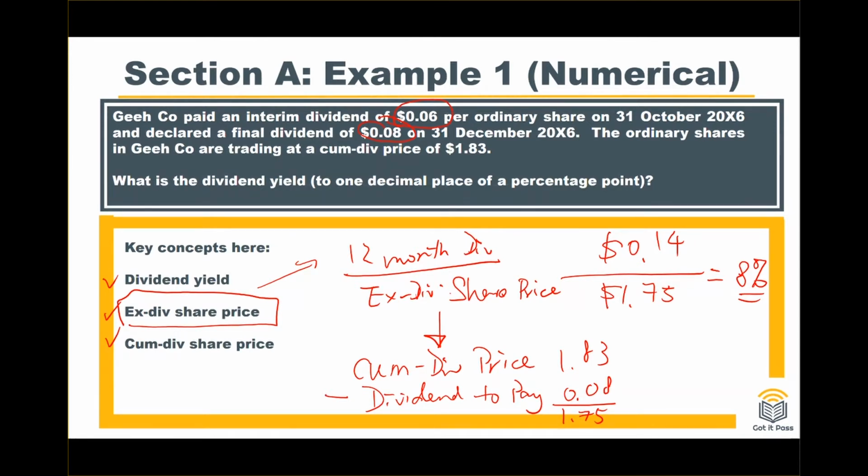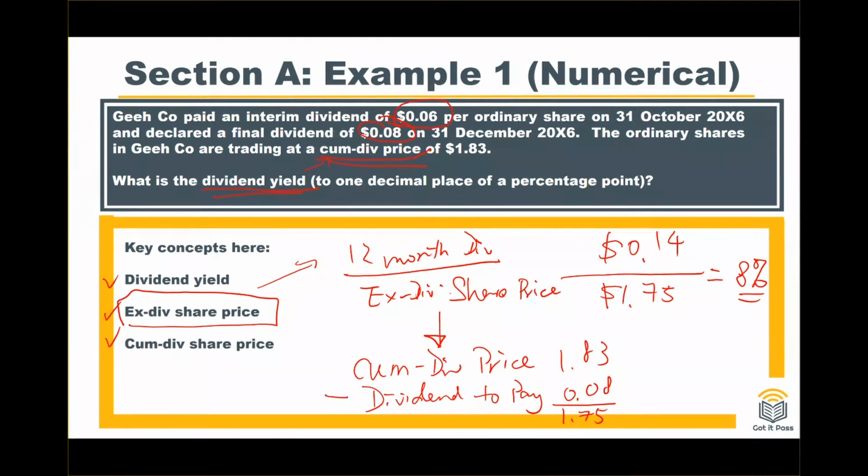Here the question tells you what the cum dividend price is. Whether you know the formula of dividend yield, it's not difficult, but if you don't know, for example, what the cum dividend price is, then you cannot get the answer right.